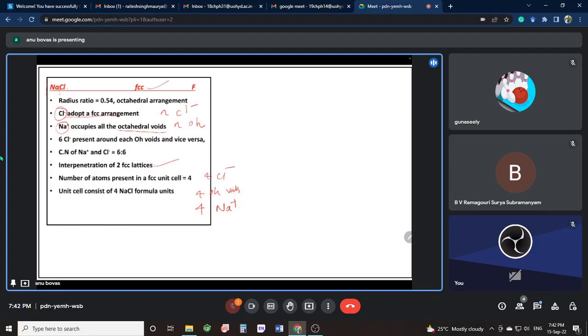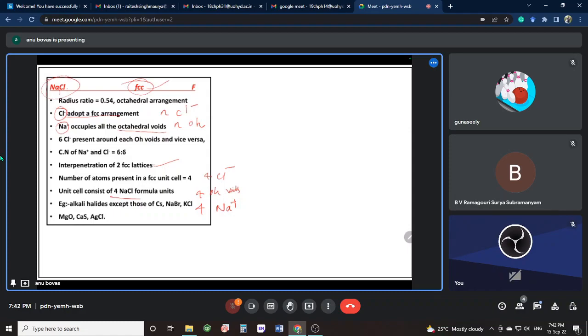Therefore, the formula unit is 4 NaCl. Other crystals which have the same structure are alkali halides except those of cesium, such as NaBr, KCl, and oxides and sulfides of the alkaline earth metals magnesium, calcium, strontium, and barium, and silver halides except AgI, all of which have the FCC structure similar to NaCl.